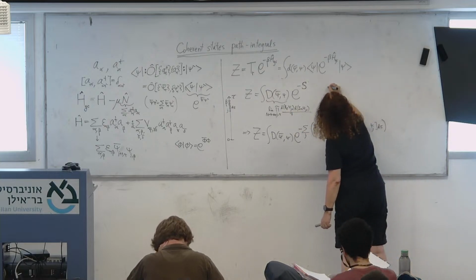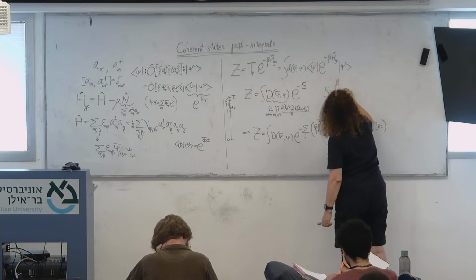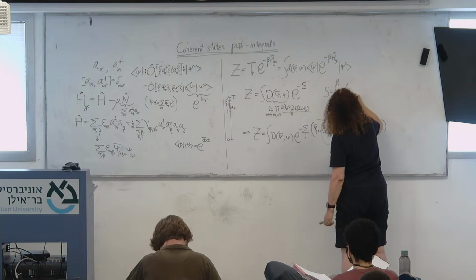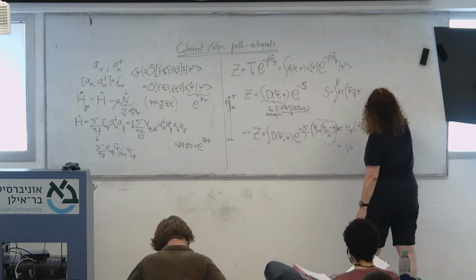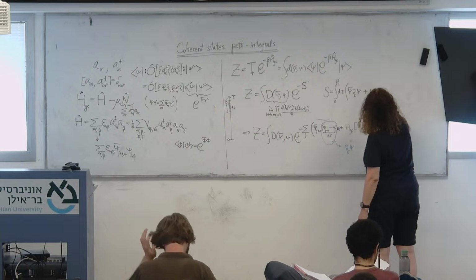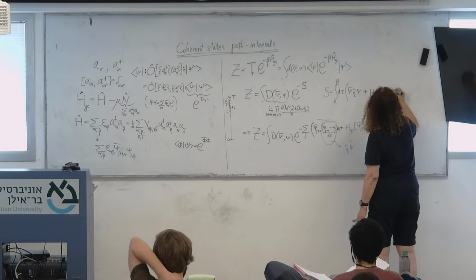So here, S is an integral from 0 to beta d tau of psi bar d tau psi plus H grand canonical of psi bar and psi.